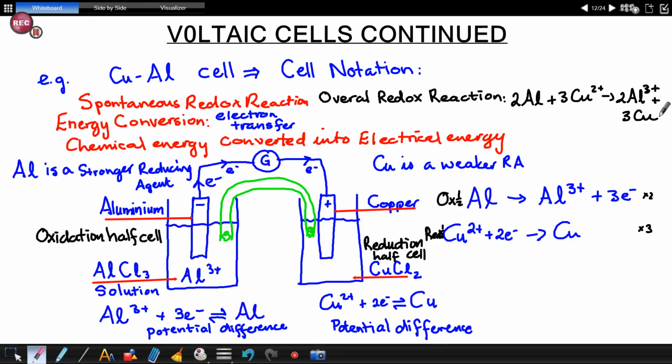What do you mean when you say there's a chemical change? There is chemical energy converted into electricity because there's a flow of charge. This is the salt bridge.